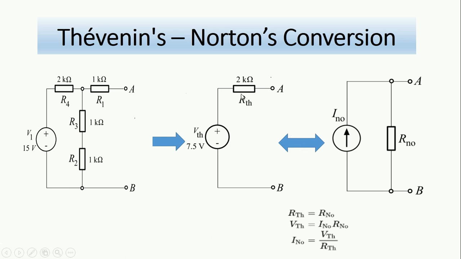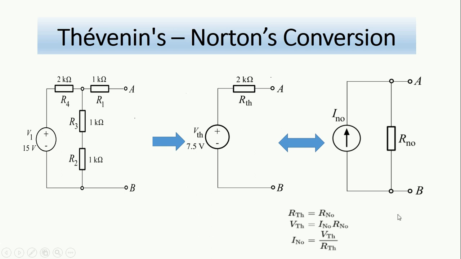So if the Norton current is going like this, and all of it goes to the R Norton because here is an open circuit, then the voltage drop across this Norton resistance is I Norton multiplied by the R Norton. And this is exactly the voltage across these two terminals.